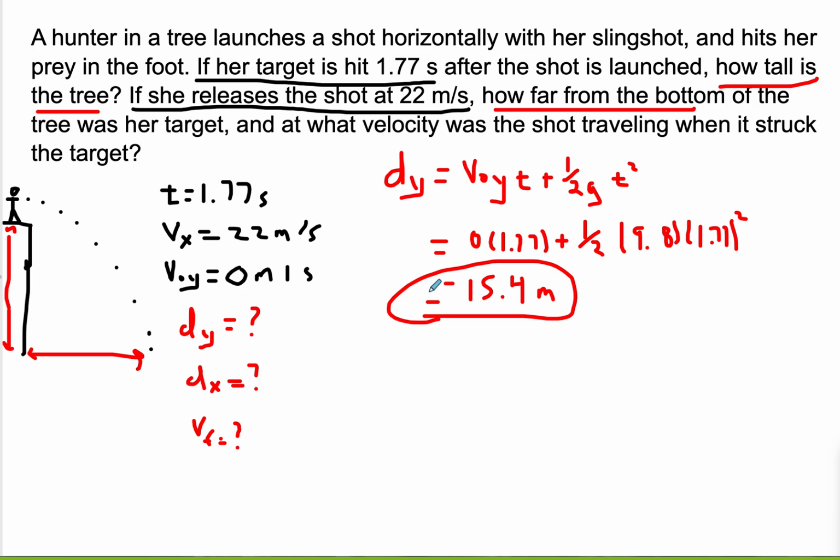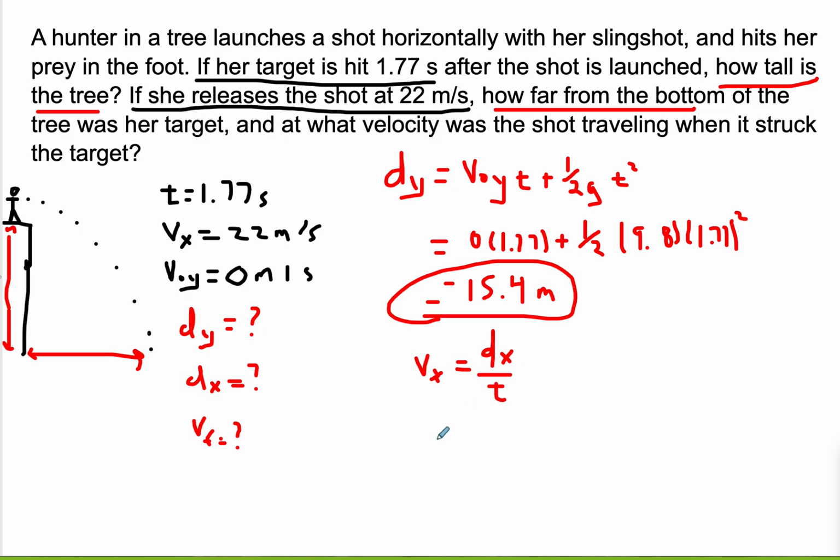Okay. Now, what equation will we use to find dx? Vx equals dx over time. Yep, that's right. So Vx equals dx over time.